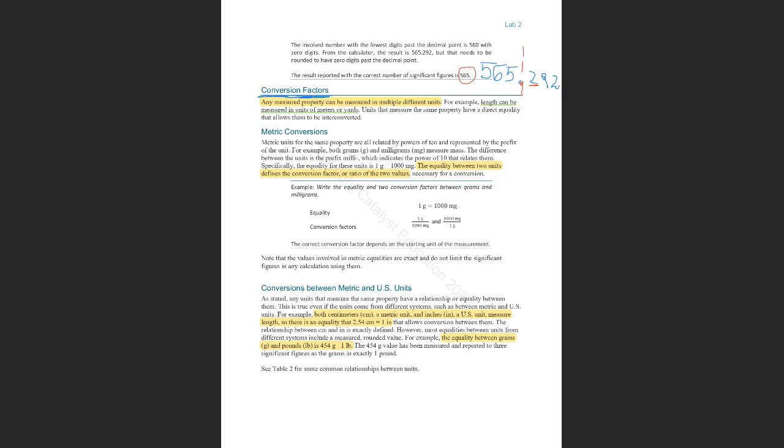Any measured property, it says here, can be measured in multiple different units. For example, length can be measured in units of meters or yards. And then we have to know how to convert one to another.